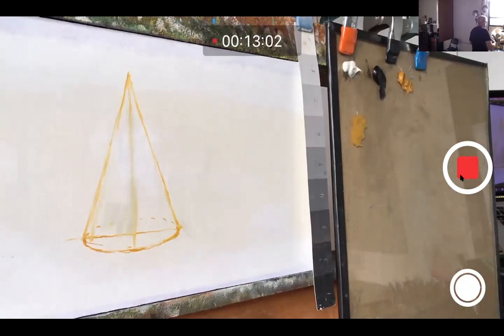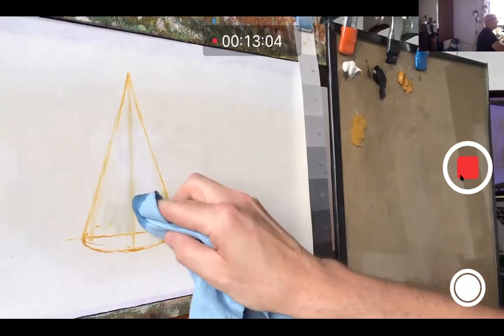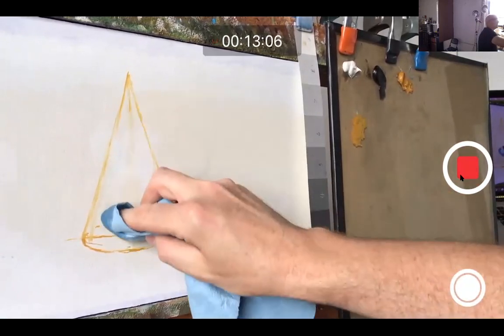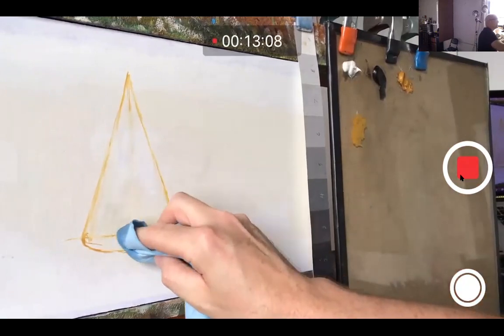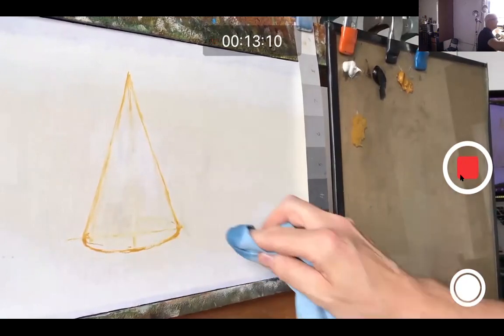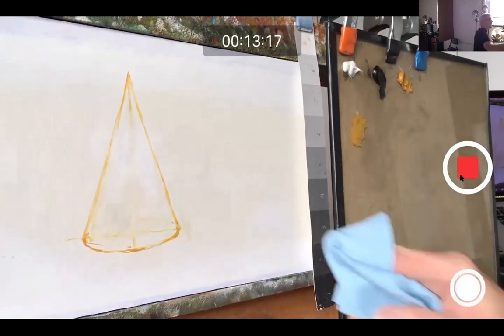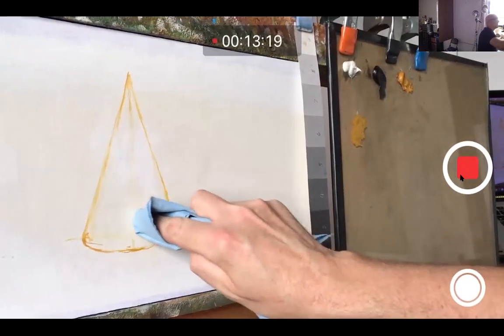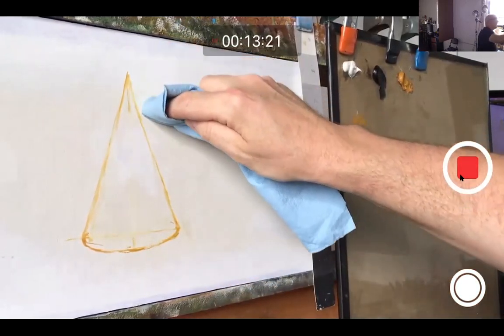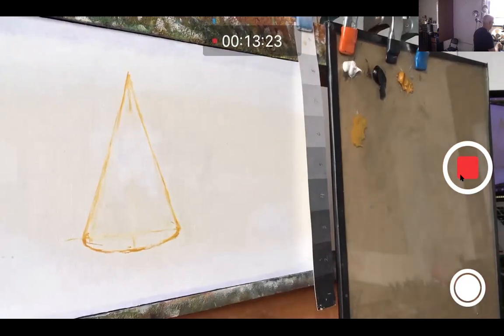So the next step, since we're thinking about light and shadow, is to find the light and shadow on this object. I want to ask myself what direction the light is coming from and how exactly it illuminates what I'm looking at.